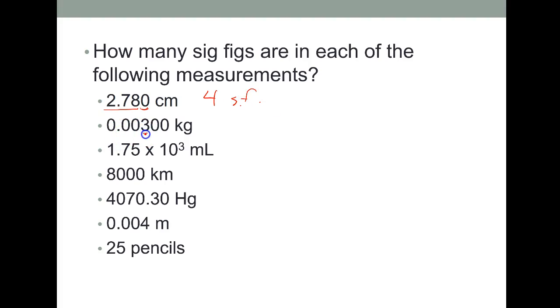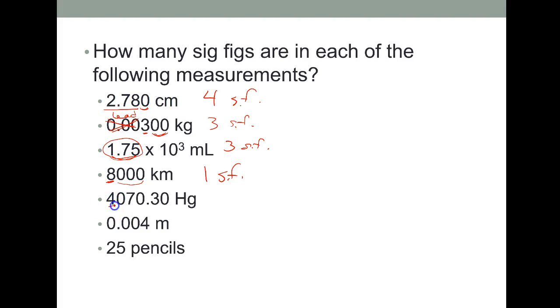In this, I see a 1 non-zero number, I see a bunch of trailing zeros, and I see a decimal, so it has 3 sig figs. These zeros to the left of the 3 do not count for sig figs because they are leading zeros. Scientific notation, only the multiplier counts, 3 sig figs. This one, I see 1, and these zeros are all trailing zeros, but I don't see a decimal, so I'm going to call it 1 sig fig.